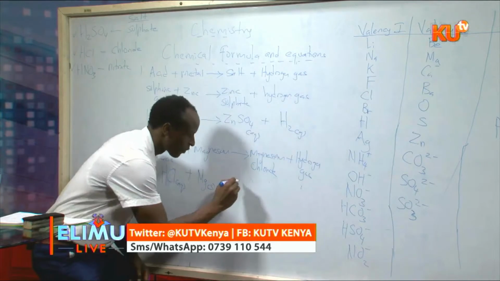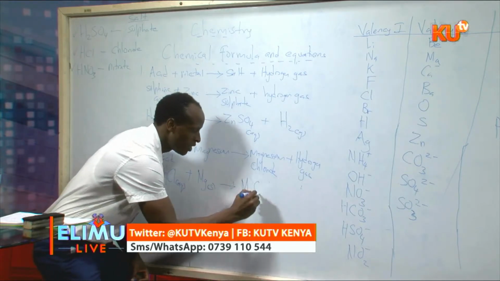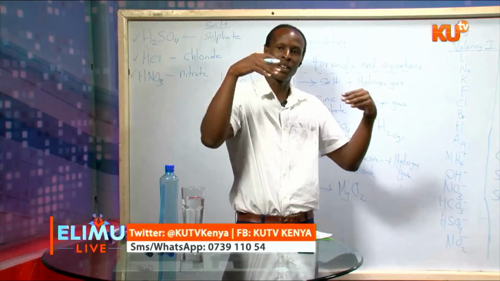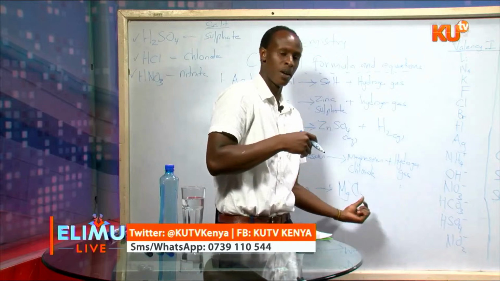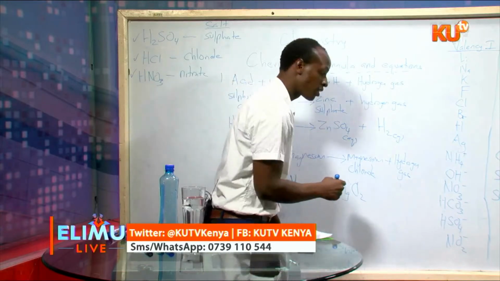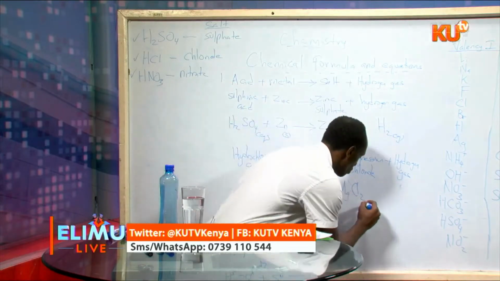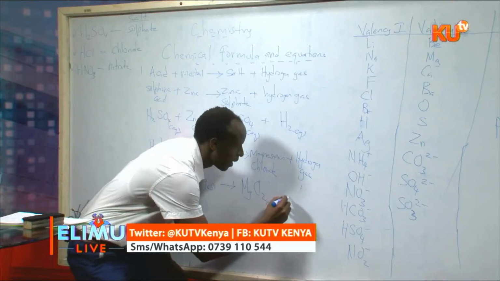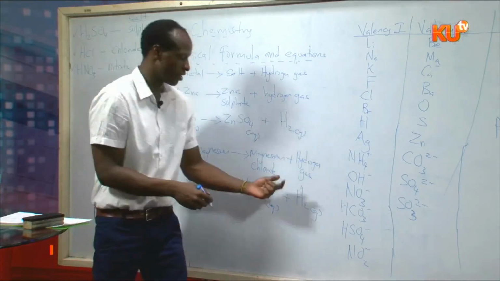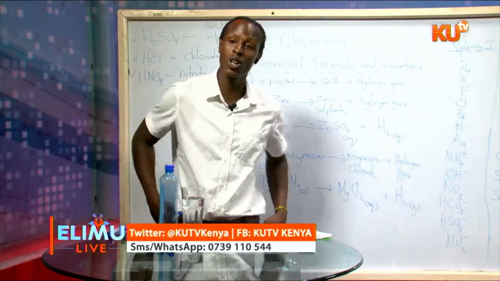So the formula will be MgCl2, where we don't need to write the 1. Most soluble salts are aqueous because they are soluble in water. So this one will be aqueous, plus H2. Hydrogen is a gas, so we put G in brackets. So that's the chemical equation.